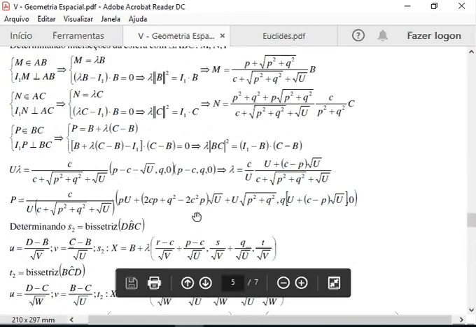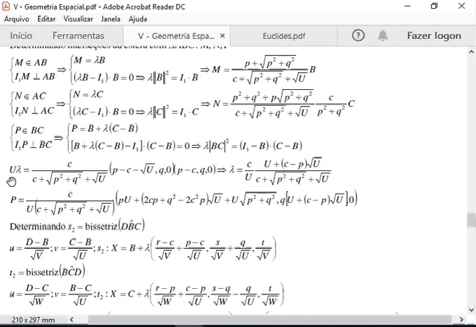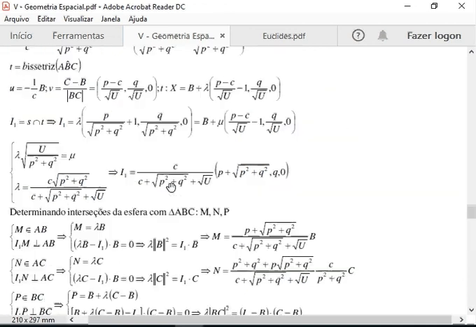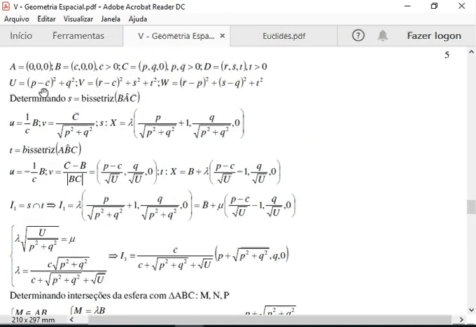So, who is lambda? Lambda is a function of U. P is a function of U. And U, what is U? U is (p - c)² + q².